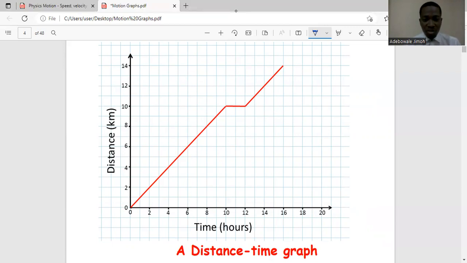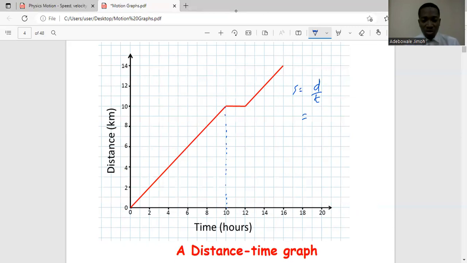Calculate the speed of the object from time 0 to 10 hours. So what do we do? Speed is equal to change in distance divided by change in time. We pick the distance covered within the first 10 hours of its journey.